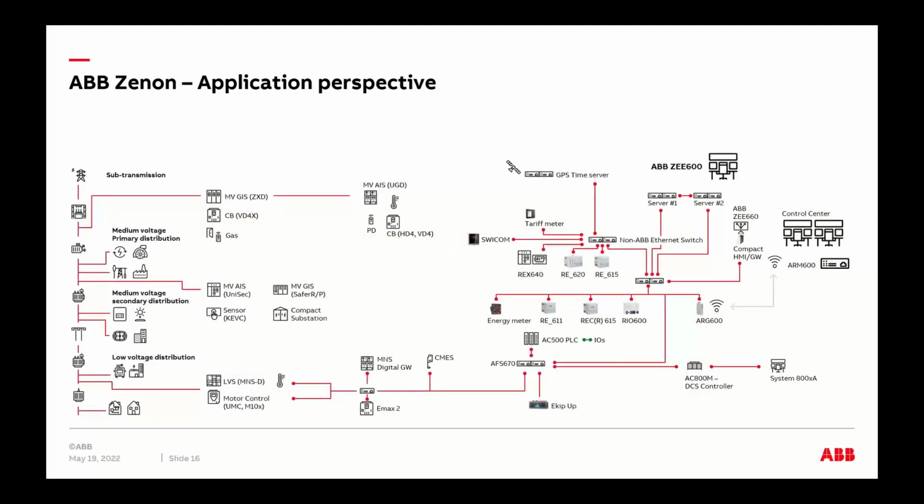So here it's a bigger picture. When you have your sub-transmission, for example, here on the left-hand side, you have your medium voltage, your low voltage, and here on the right-hand side, I'm showing you the type of devices that could be falling under that level. So here, really, when you do all this, you're already engineering the communication. Your digital devices are everywhere. Maybe you're doing an ATS scheme. Your PLC is working as well.